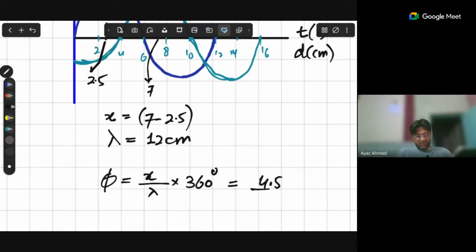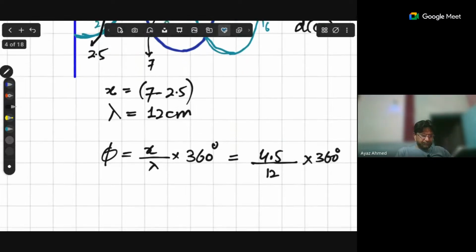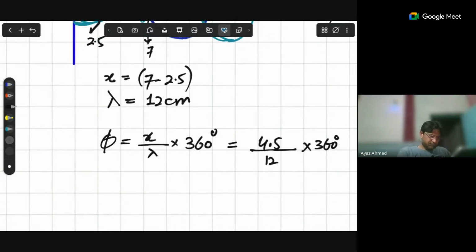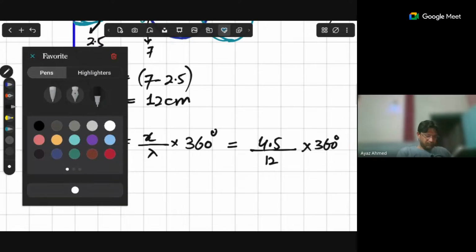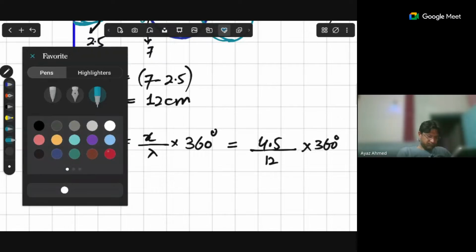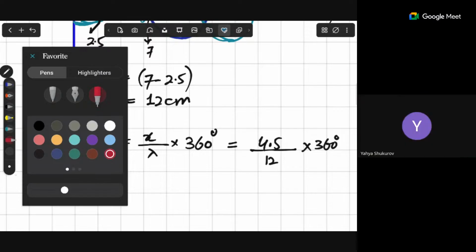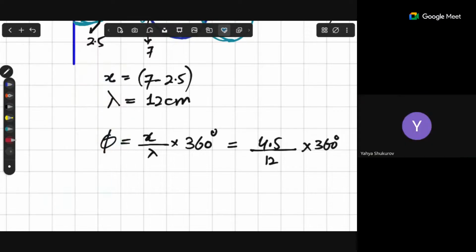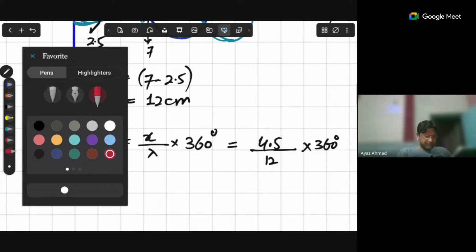4.5 divided by 12 times 360. Can you please calculate that? 135.